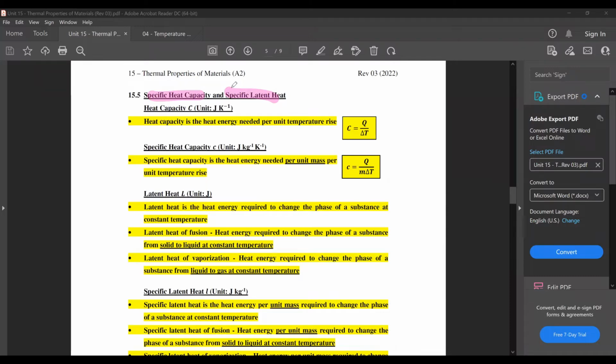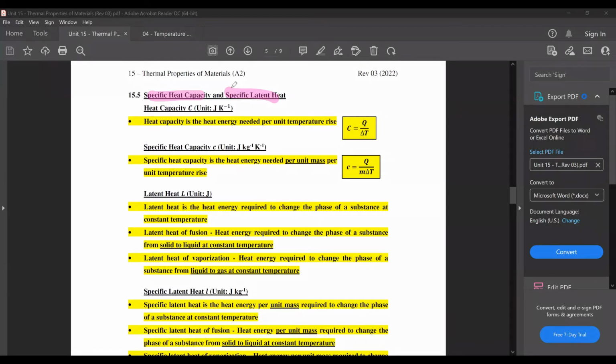Okay, we know specific heat capacity or specific latent heat as being related to how much heat energy needs to be absorbed in order to cause 1 degree in temperature rise, or how much heat energy needs to be absorbed in order to cause the phase change of a substance in general. Okay, so your syllabus requires you to know these two quantities. Okay, the definition will come out and calculations related to it will also come out.